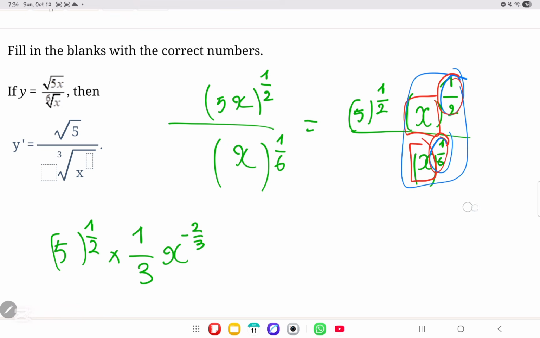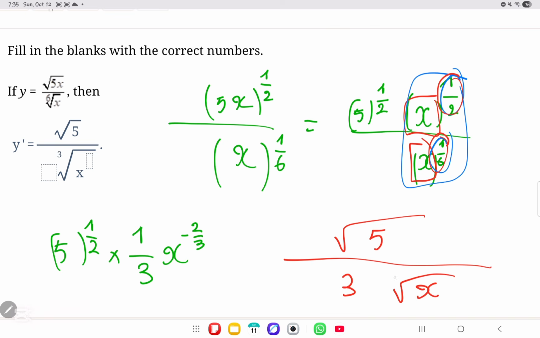So then, with further solving and getting the final answer, it's gonna be radical 5, which is 5 to the power of half, over 3 times the cubic root of x squared.